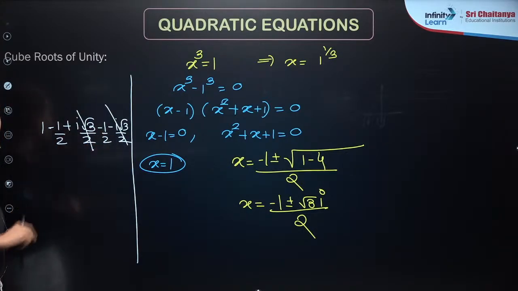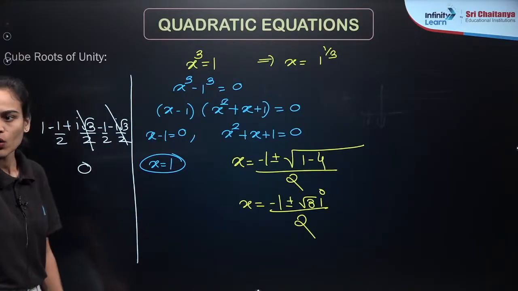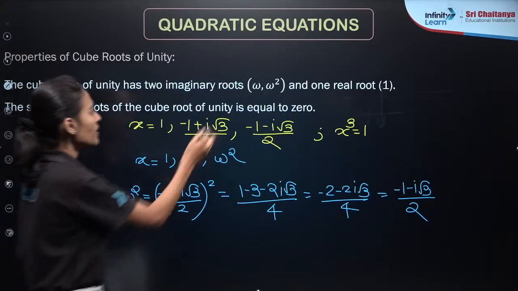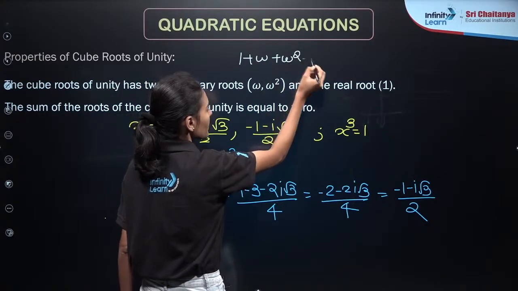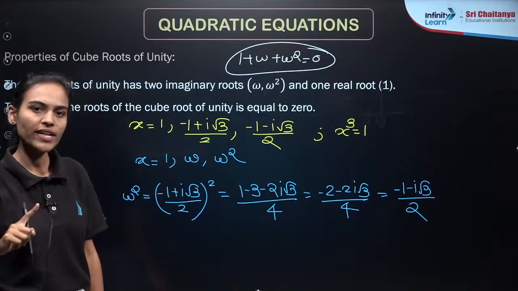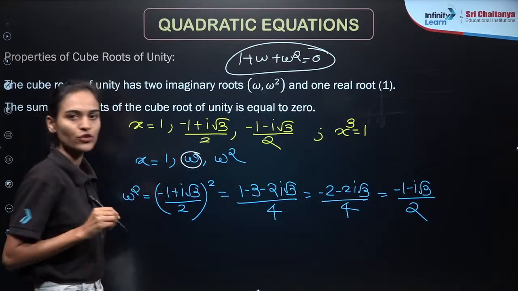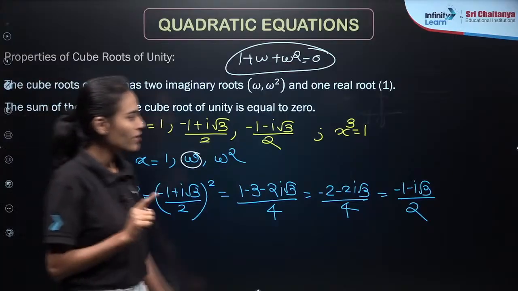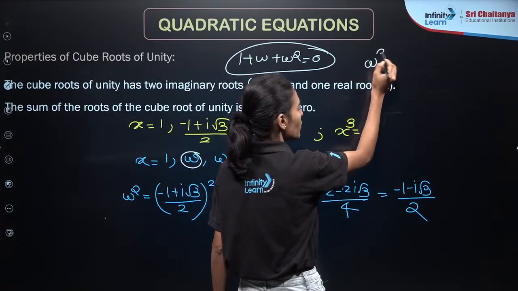Minus half and minus half means minus 1. 1 minus 1 is 0. So here, 1 plus omega plus omega square is always 0. And once omega is a root, omega is a root for x cube equal to 1, so omega should satisfy this equation. So you should get omega cube equal to 1.